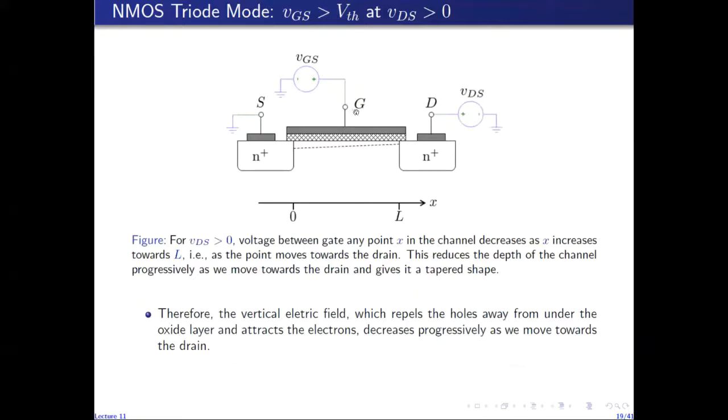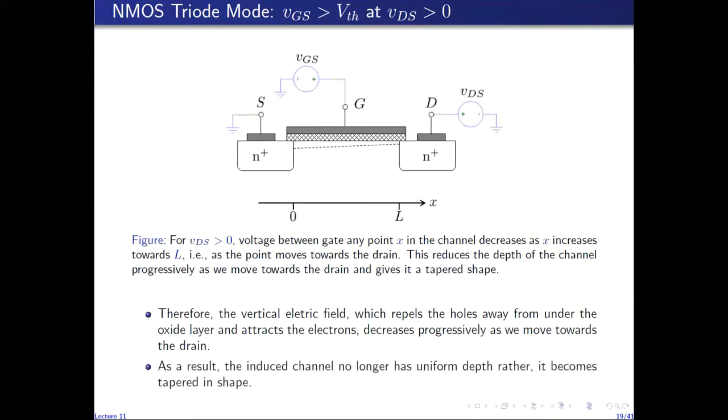So the voltage between the gate and the point x in the channel decreases from VGS at x equal to 0 to VGD at x equal to L. And hence the strength of the vertical electric field pointing downwards decreases progressively as we move from the source region towards the drain region.